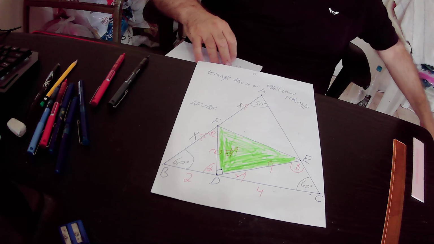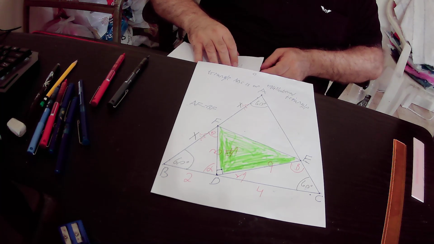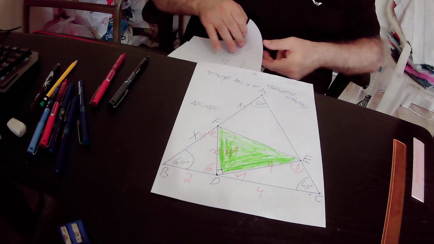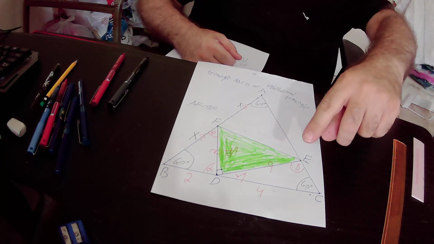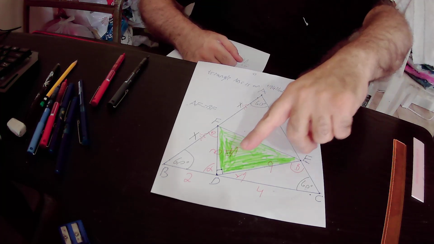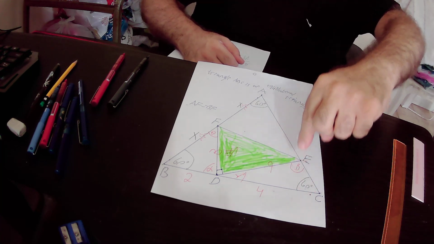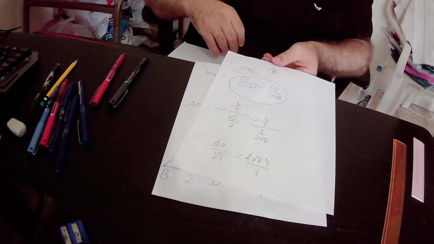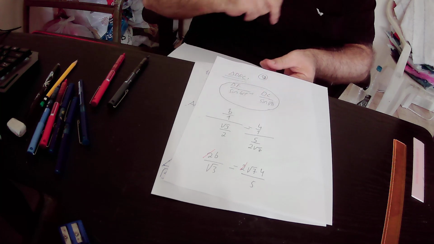After we found the value of sine beta, we implemented the law of sines in triangle DEC. According to the law of sines, DE over sine 60 degrees equals DC over sine beta.